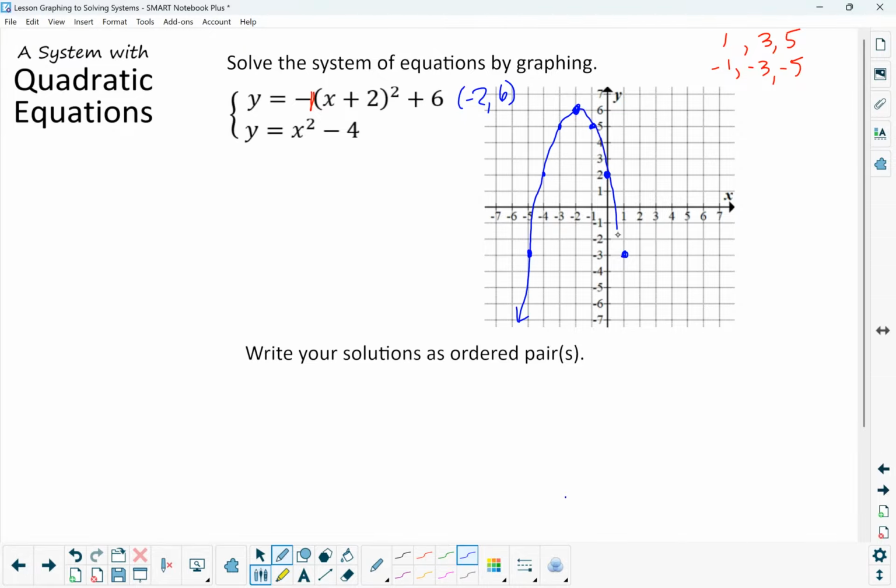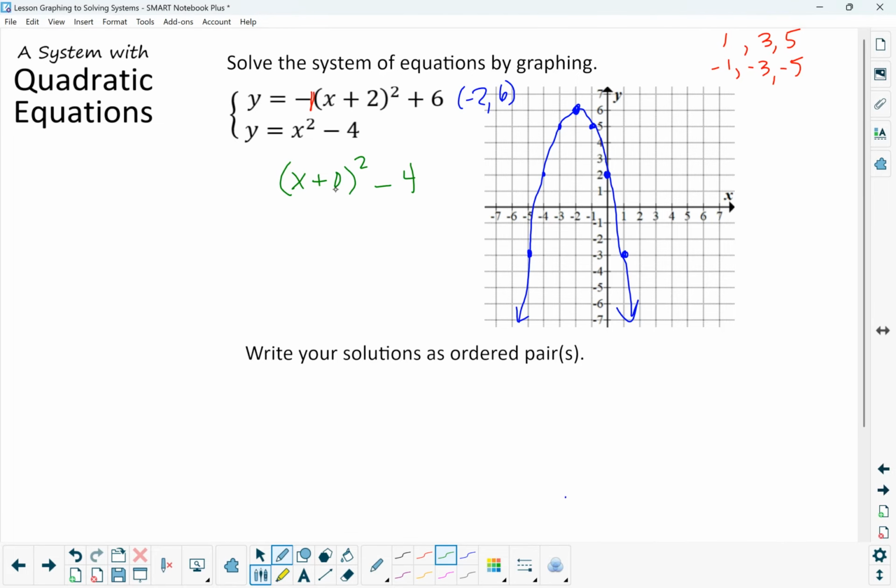So here's our parabola. The second parabola, sometimes people get stuck on this one because it doesn't have the parentheses. It sort of doesn't look the same way the one above looks. If we wrote it in the same form as the other one, it might look something like this.